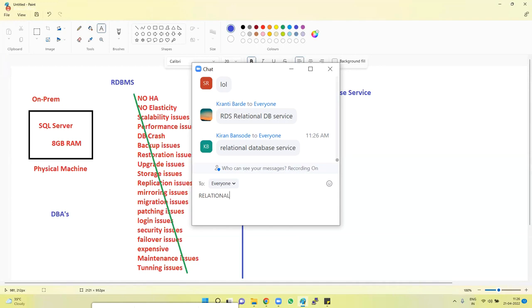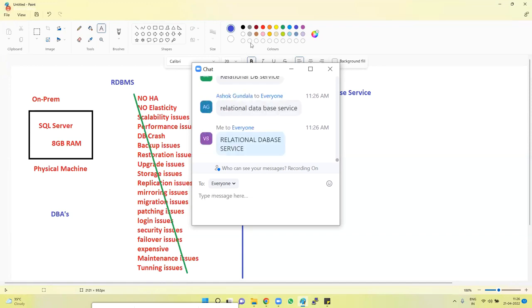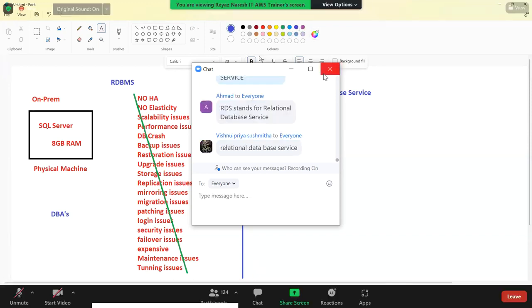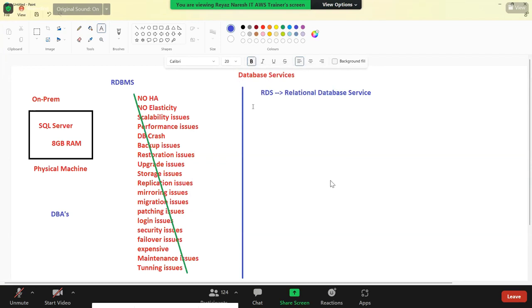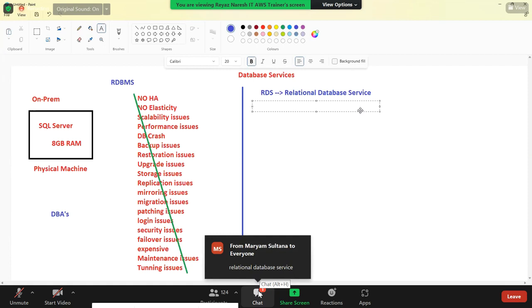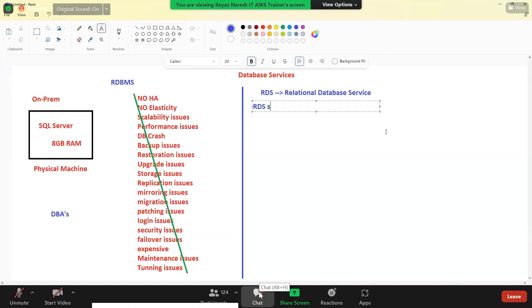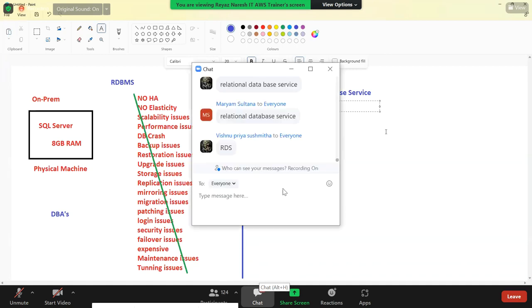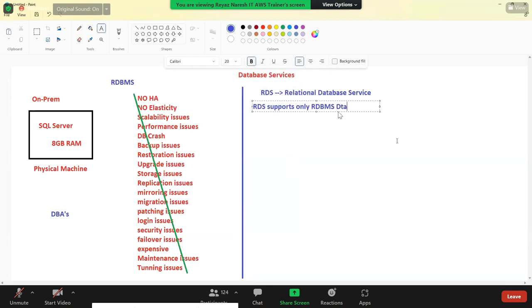So in shortcut, you can call it RDS. Remember, this RDS supports RDBMS databases only. RDS is a service and it provides a few engines, I'll tell about that.